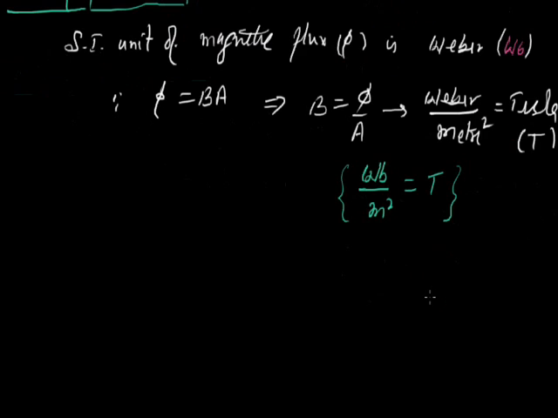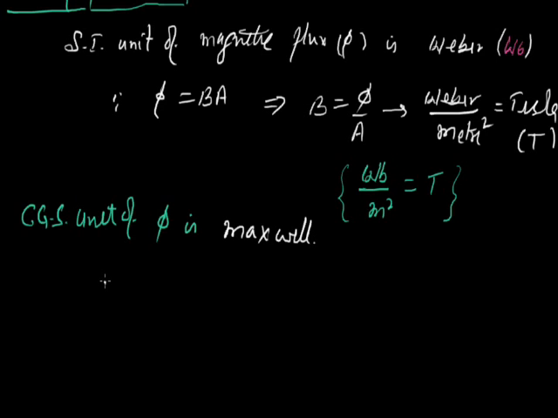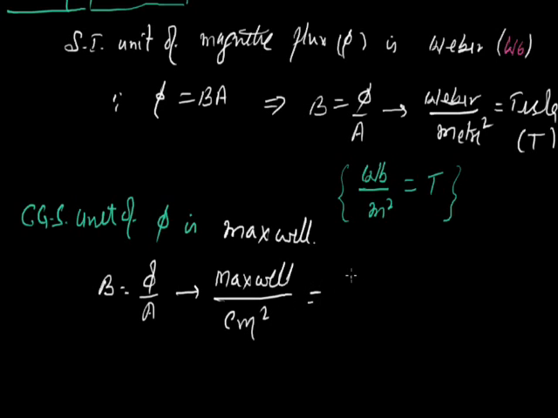These are the SI units of magnetic flux and magnetic flux density. Now the CGS unit of phi is Maxwell. Because B is phi upon A, that will be Maxwell divided by centimeter square, also known as Gauss.